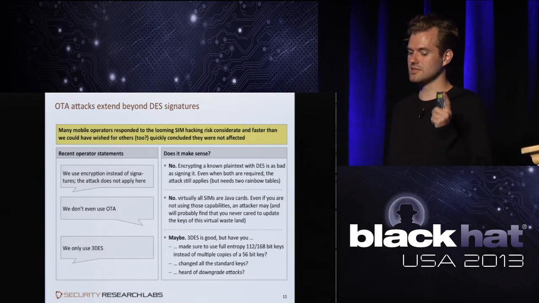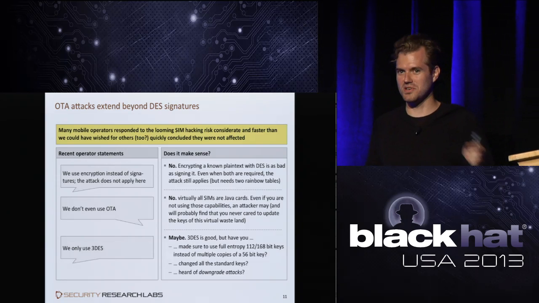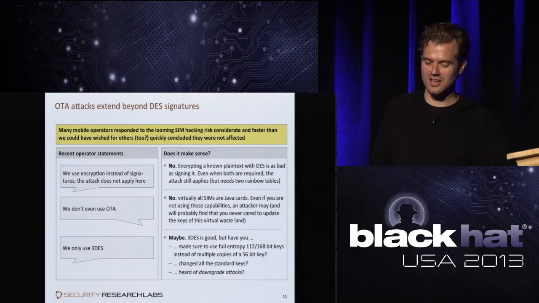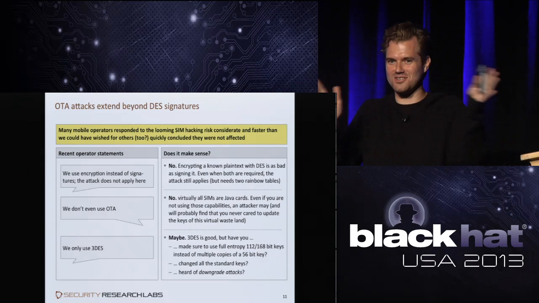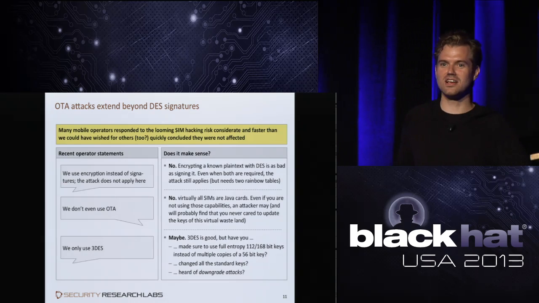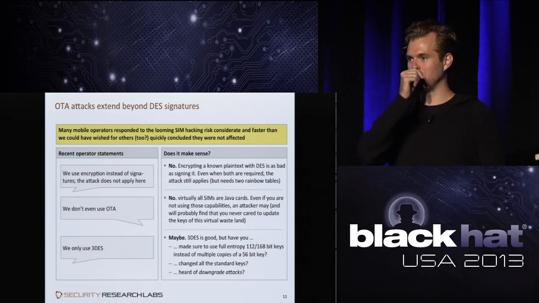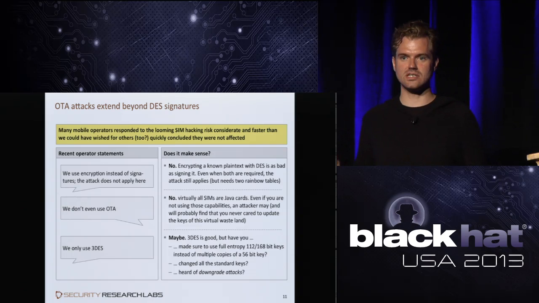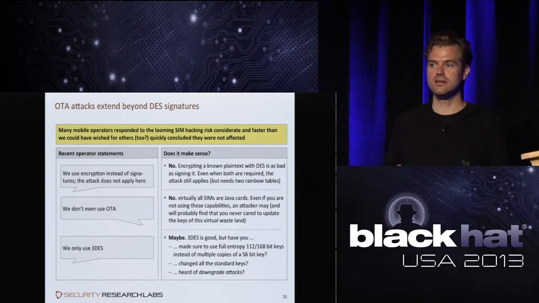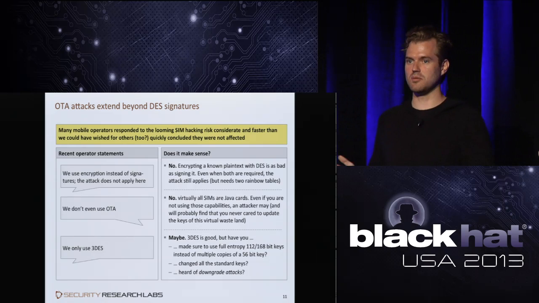The first is when they upgrade the cards, but not the OTA database column to be wider, to keep more key material. They still have just a 56-bit key, but they put it in a triple DES operation. Either they pad it with something static, or more commonly, they use several copies of the same key.